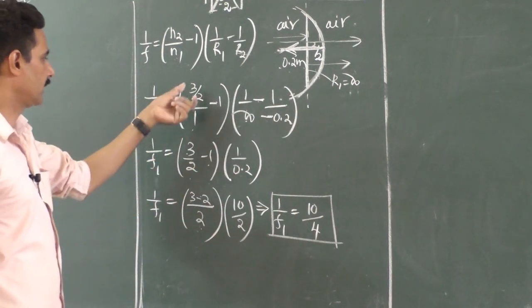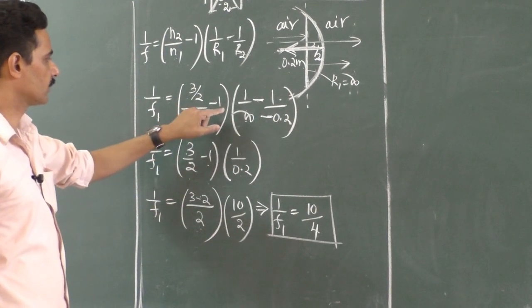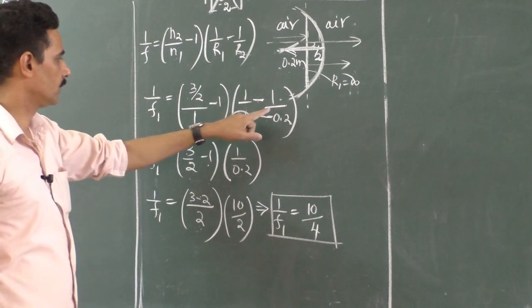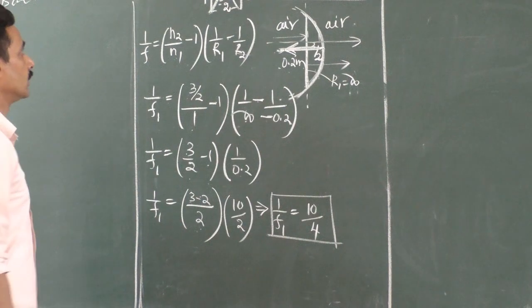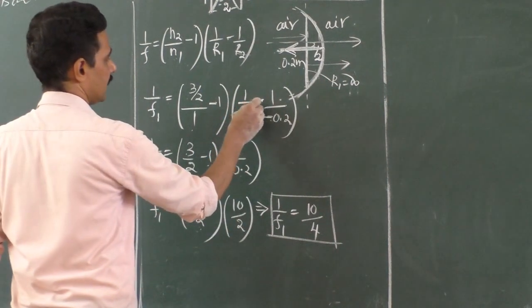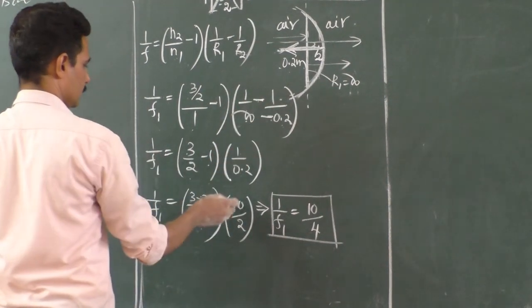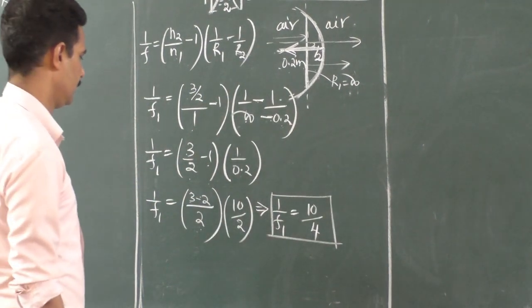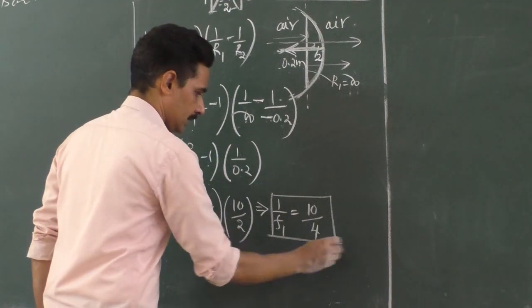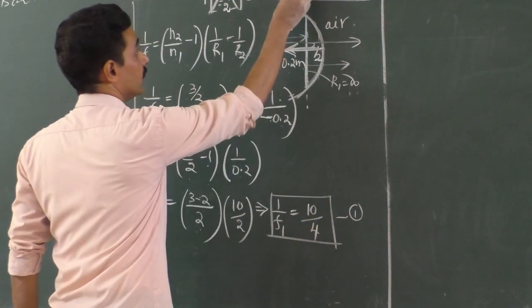So 1 by f is equal to (n_L by 1 minus 1) into (1 by R1 minus 1 by R2). R2 is minus 0.2, and the negative is here, and 10 by 2. Right, 10 by 4. This is one equation because we are going to substitute it here.